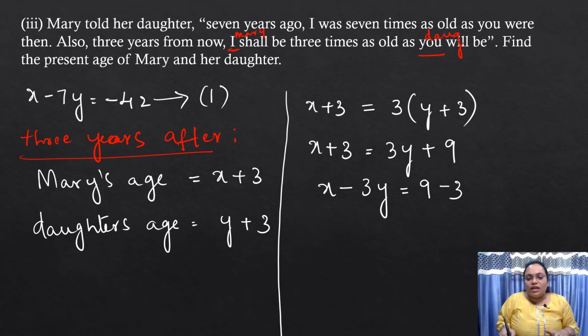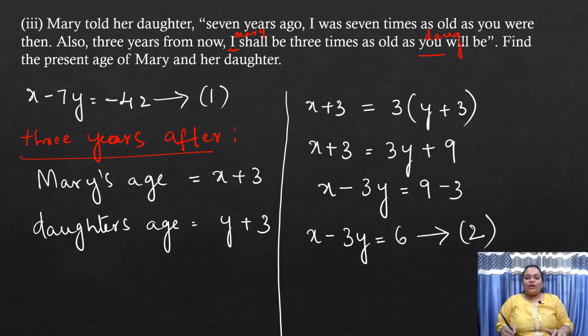Okay. So the equation changes to x minus 3y is equal to 6. Okay. So this is our equation number 2. So since we have got equations 1 and 2, we will solve these two equations using the substitution method and find the values of x and y.